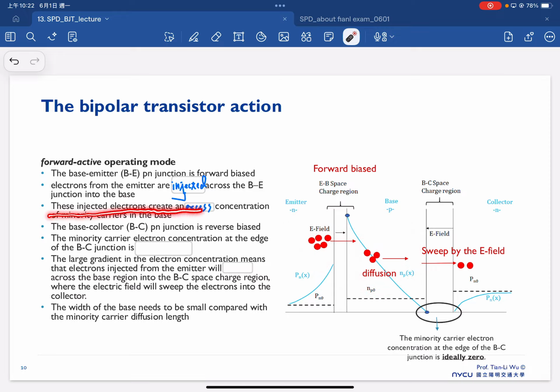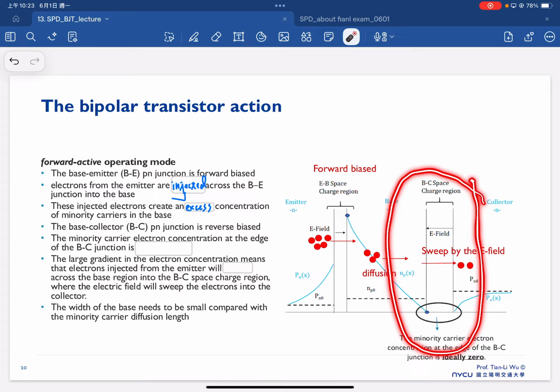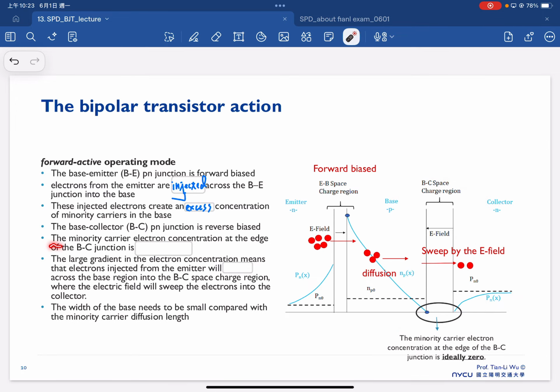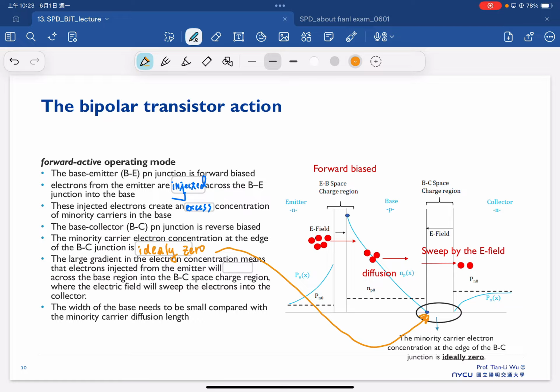And at the same time the base-collector junction is under reverse bias, and once it is under reverse bias, the minority carrier electron concentration at the edge of the BC junction is ideally 0.